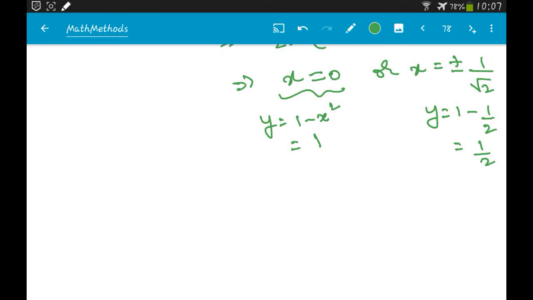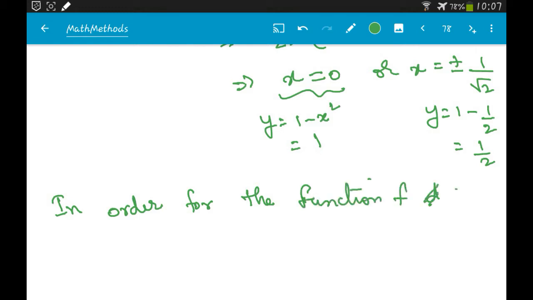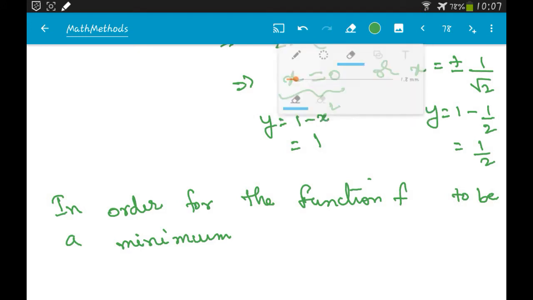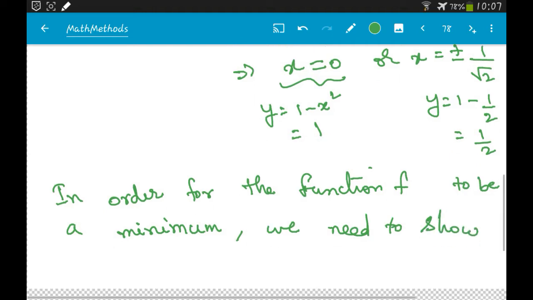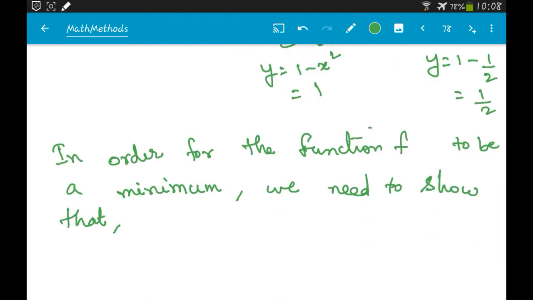Now in order for the function f to be a minimum, we also need to show what we have already studied, right?